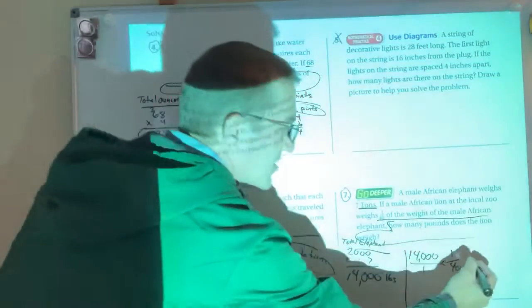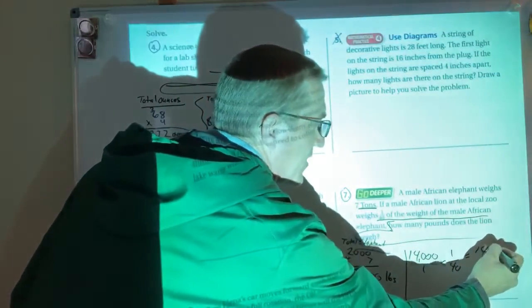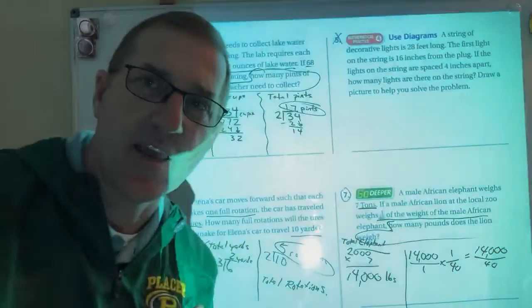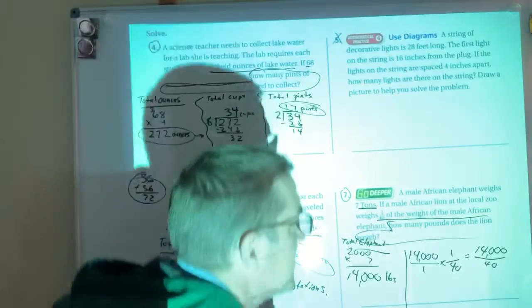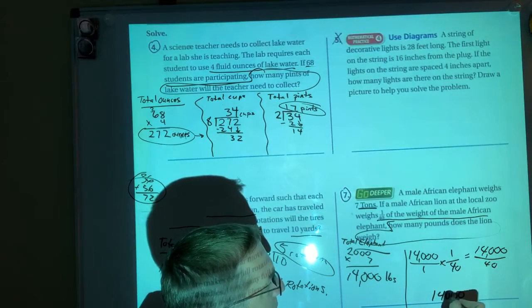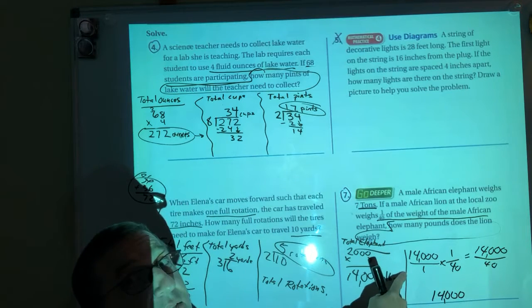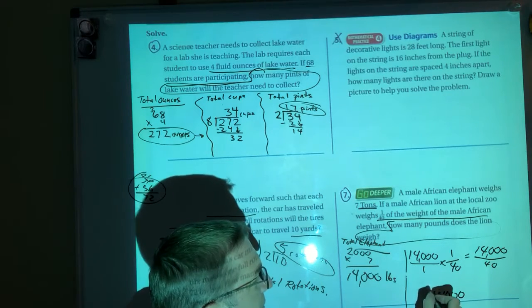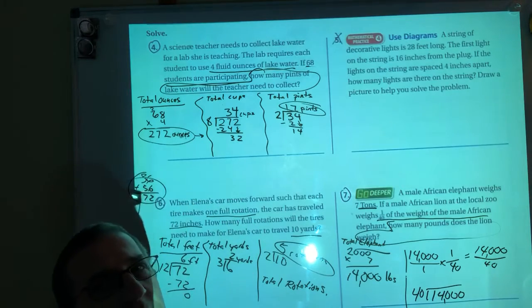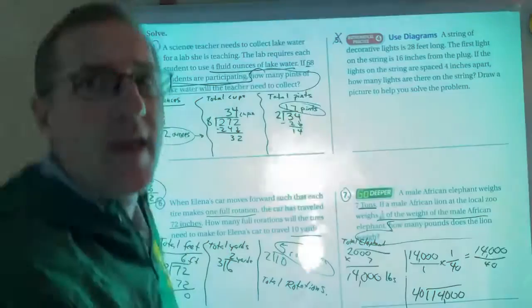And do you see how this just comes out to be 14,000 over 40? And every fraction is a division problem. So now I'm just going to take 14,000. This is just an aside to prove what I'm saying is true, by the way. Divided by 40.